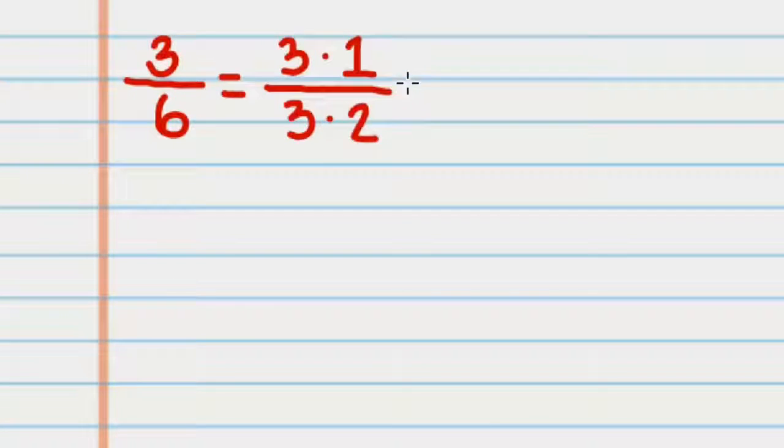And since they share a common factor, the number 3 in this case, we could divide both numerator and denominator by 3. Or we can simply cancel it out. And in lowest terms, this fraction would be 1/2.